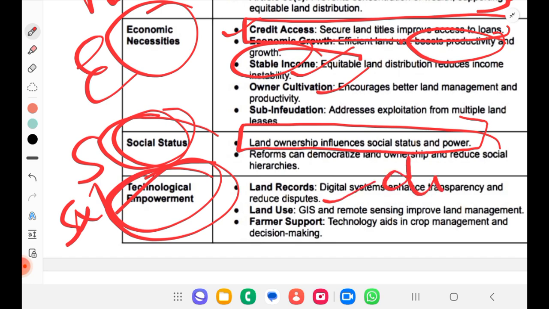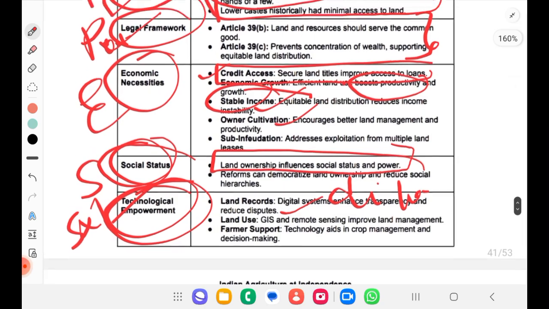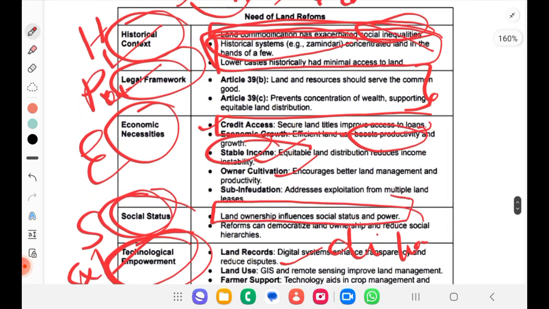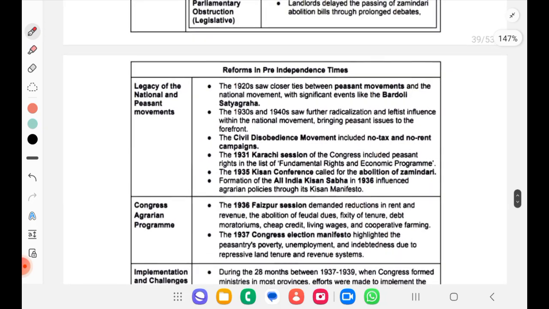That's why digitalization of land is happening. Land use: GIS and remote sensing improve land management, and farmer support technology aids in crop management and decision making also. For different technologies like precision farming, we can use sensors. Because of these needs, we have seen all the sectors where it is impacting.